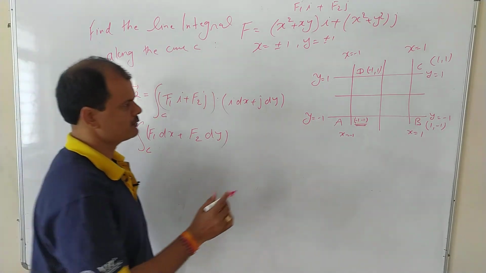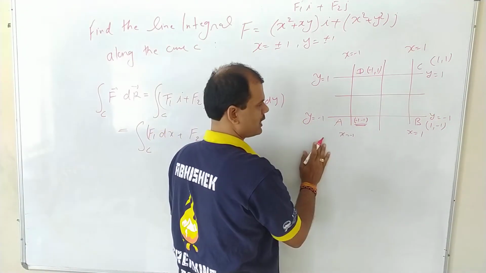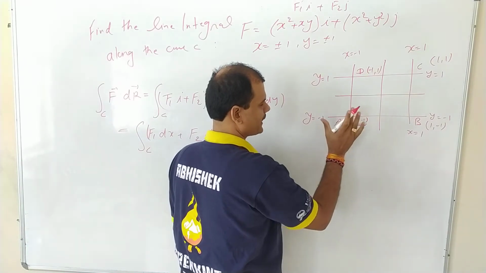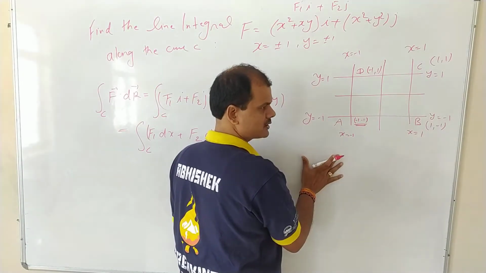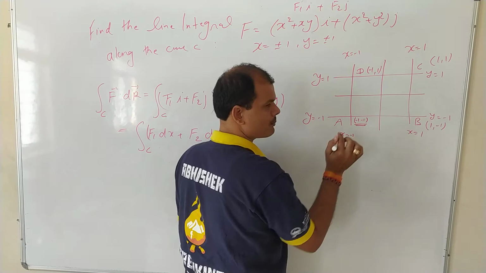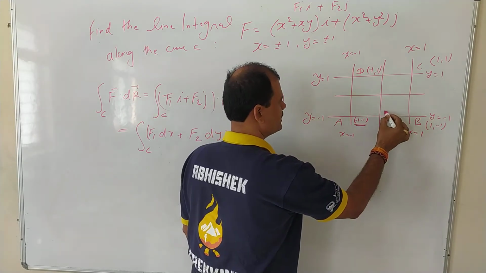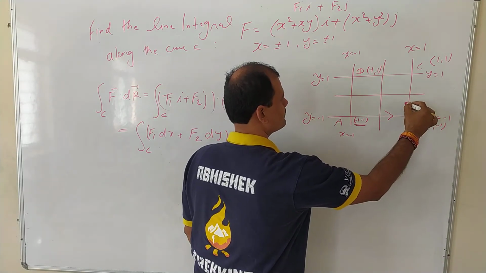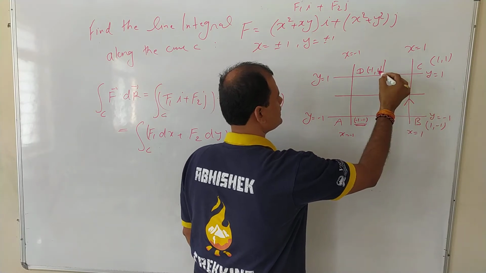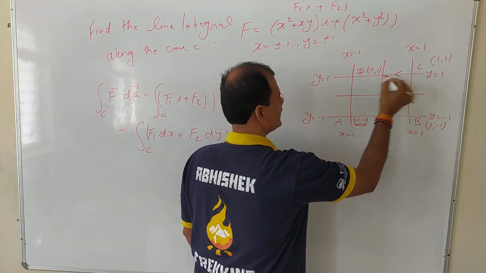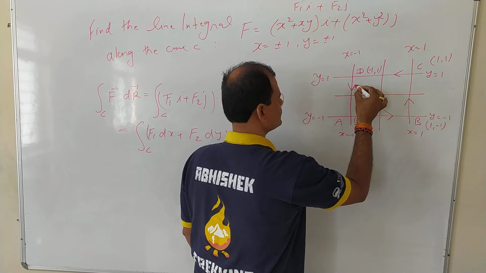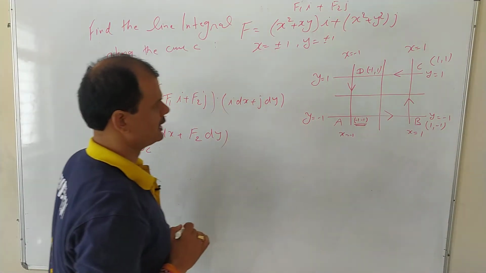So what is this curve? You see, this is the boundary of this square. So the line integral along this square will be the sum of 4 integrals: one along AB, then along BC, along CD, and along DA.